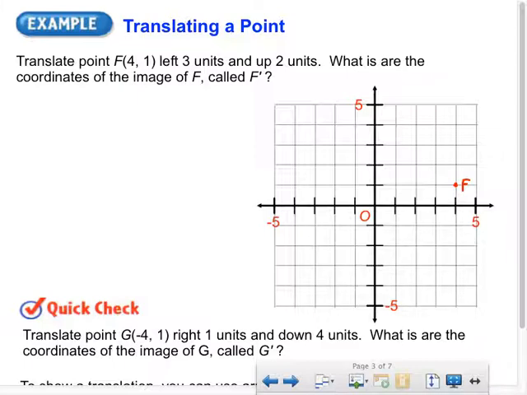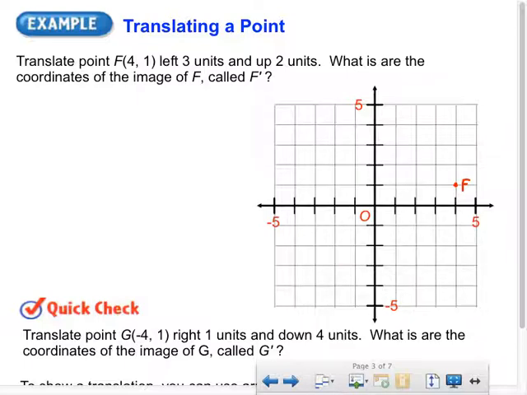Now we're going to translate point F, and I need somebody to graph the image of point F, and I need you to label that point F prime. Okay? Rayhan. Red again for this one.